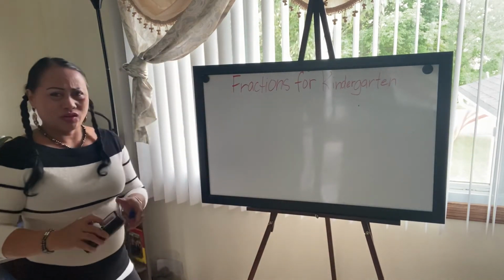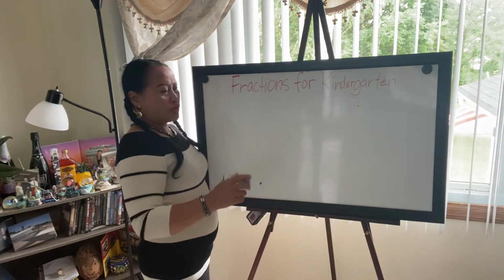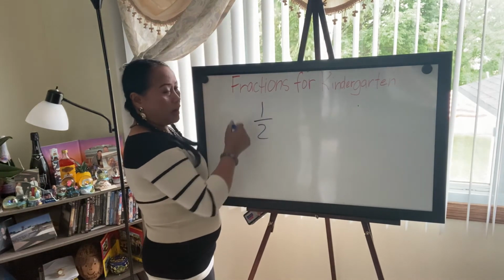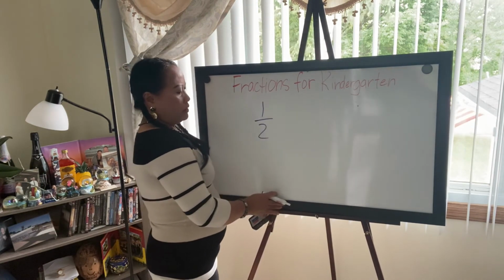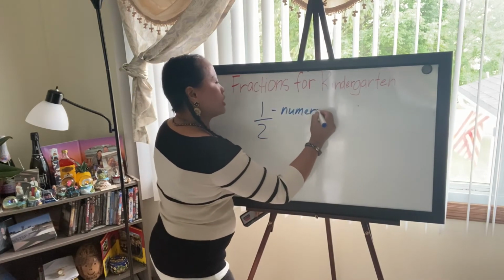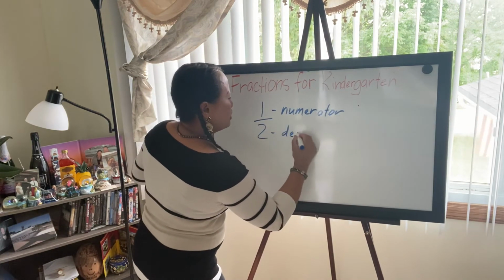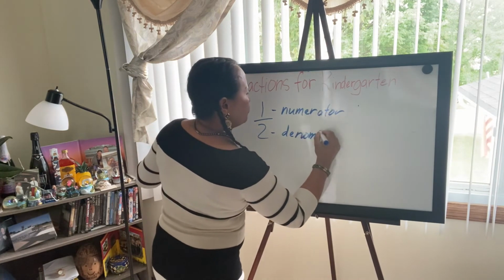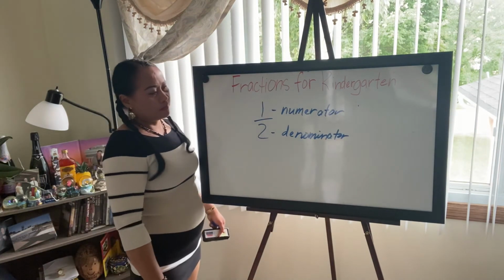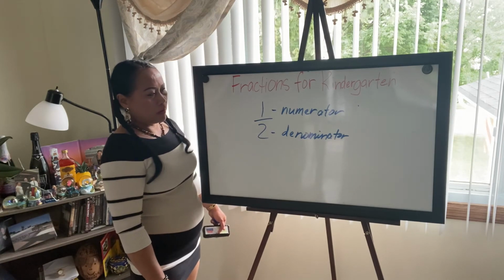What is a fraction? A fraction has a numerator and a denominator. Let's review one more: 1/2. This is a fraction. 1 is the numerator and 2 is the denominator.